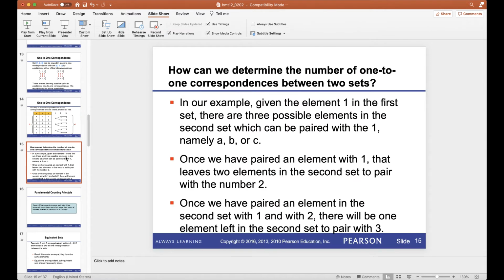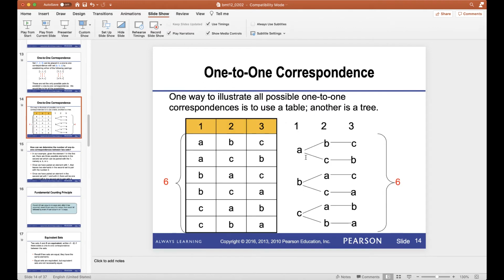All right. So how can we determine the number of one-to-one correspondences between two sets? In our example, given the element 1 in the first set, there are 3 possible elements in the second set which can be paired with the 1, namely A, B, or C. So if you choose A to go with the 1, then you can choose either B to go with the 2 or C to go with the 2.